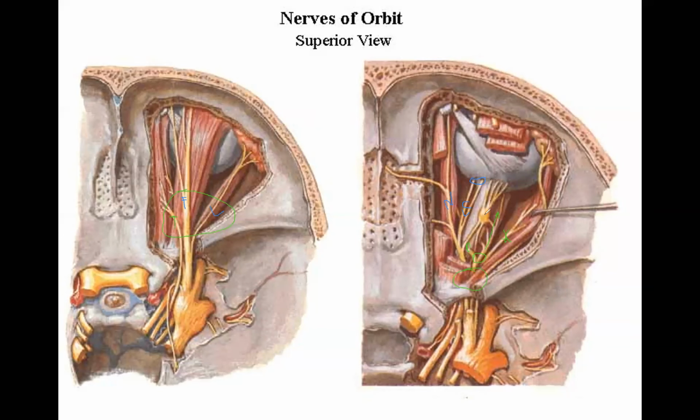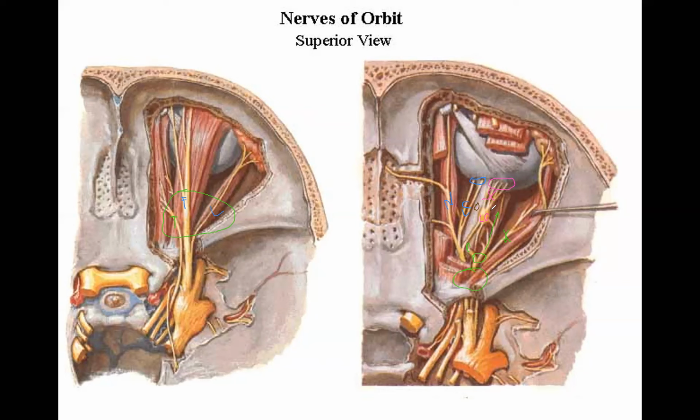And then we have the ciliary ganglion here and the short ciliary nerves entering the eyeball to supply the smooth muscles. Okay? And of course, optic nerve down here, the thick one.